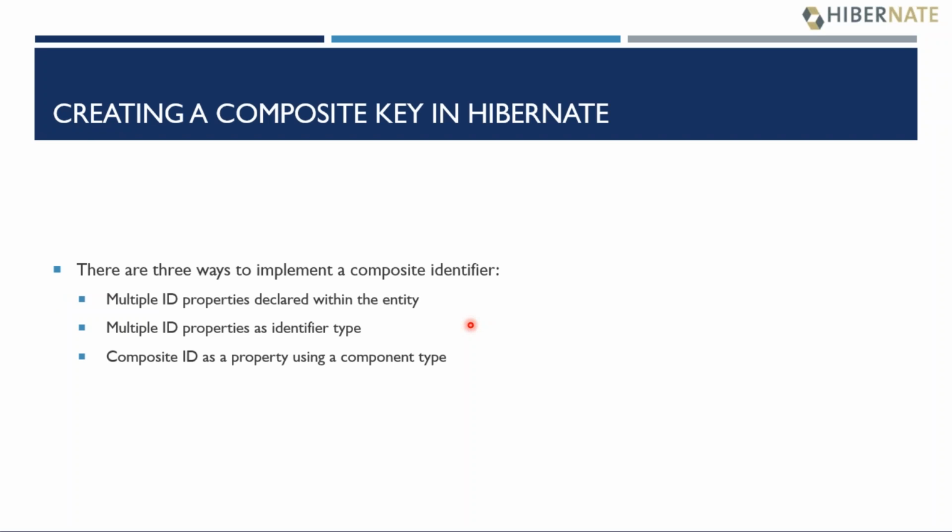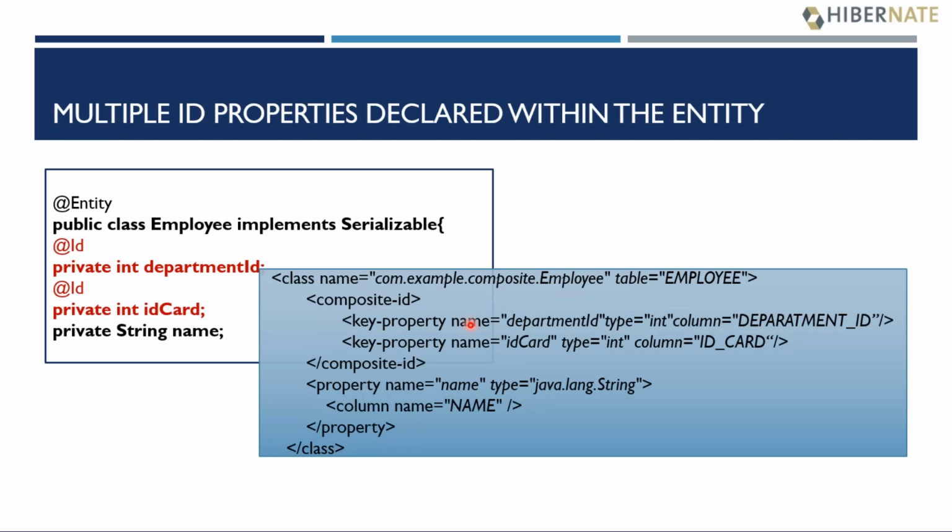Creating a composite key in Hibernate. Let's say your composite key is a combination of these two, department ID and then the ID card. If you have to create the composite key, this is how we'll create. You will use the element called composite ID and then you will specify key and then the property.